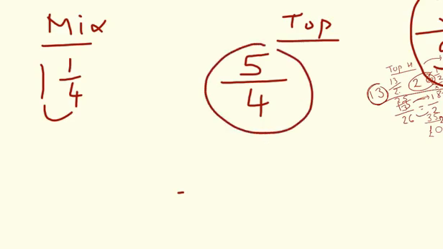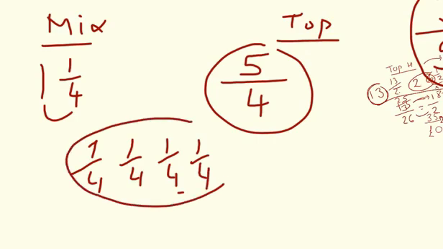So let's just do this. How many quarters are in a whole? 4. Yeah? 4 quarters are in a whole. A whole is made up of 4 quarters. Makes sense? Or in another way, 100 is made up of 4 25s. 4 times 25 is 100.